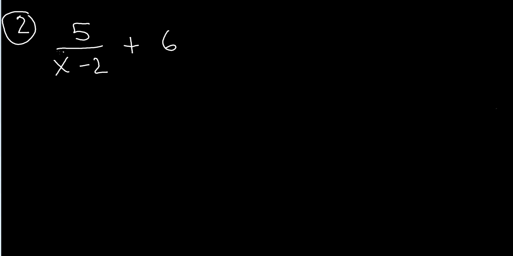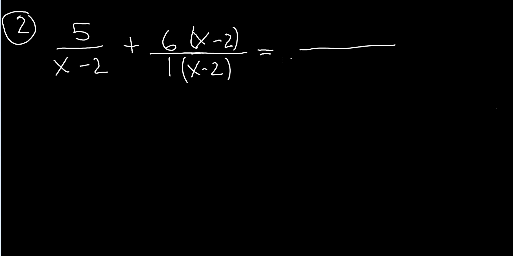Number 2, same idea. Here I want to get the denominators to be the same. So on the 6, this is really 6 over 1, so I can multiply top and bottom by the x minus 2. Then as you can see, I have my x minus 2 for the denominator, since it's the same now.